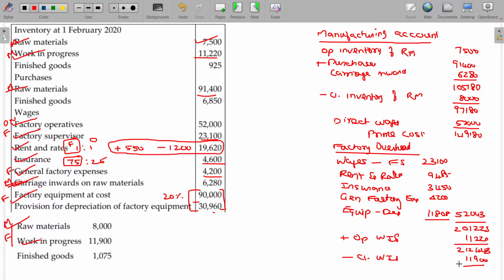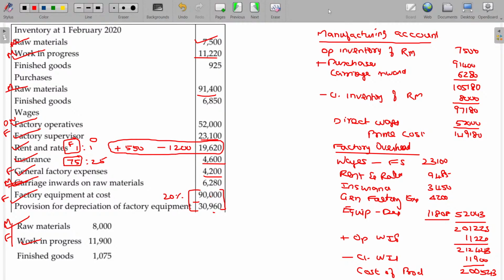If I subtract, then the ultimate value being the cost of production 2,543,000. Hope now you'll be able to understand this one.